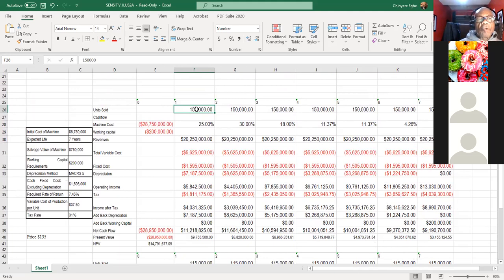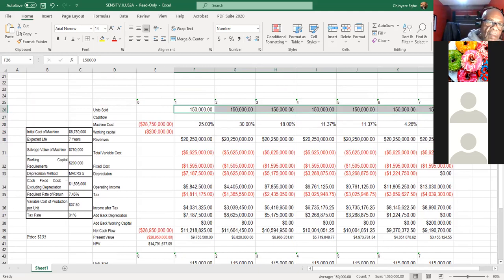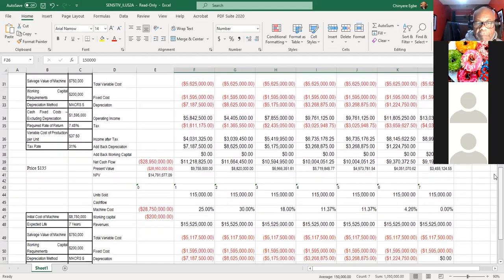So we simply do another table, and we have the possibility that sales will increase by 10%. And so we have sales now, instead of 125,000, increasing to 150,000. What if that happens? How would that change your NPV?